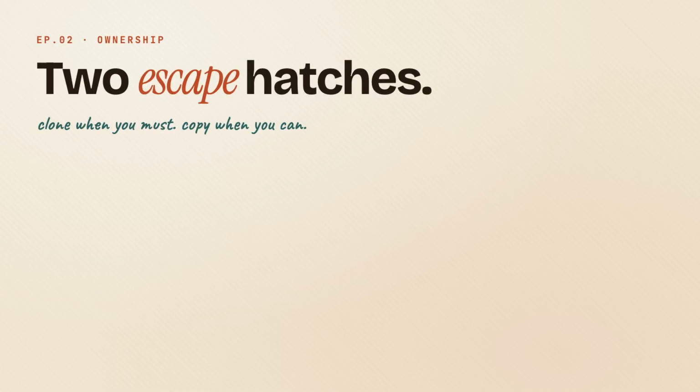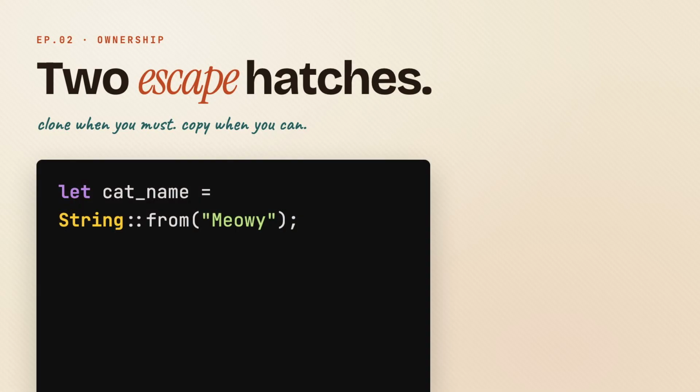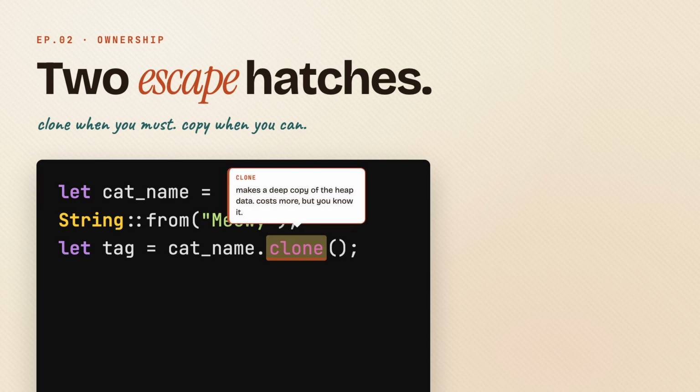In the last part, when we used move, it actually broke the variable cat name. But what if we actually need both of them? Well, in that case, we can use clone. It's a method you call by hand. Rust allocates new heap memory for the second variable and copies the bytes over.